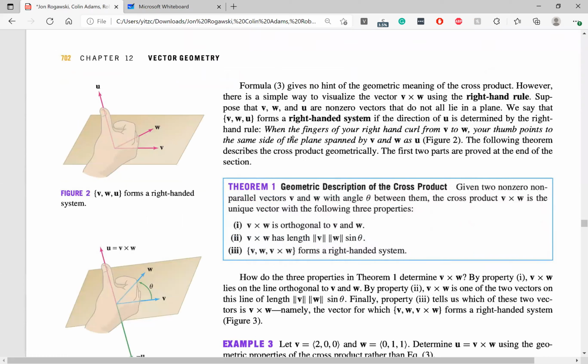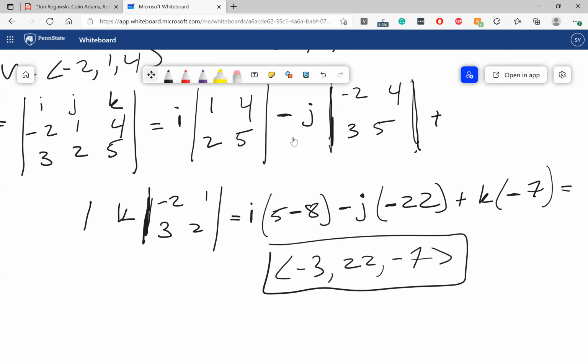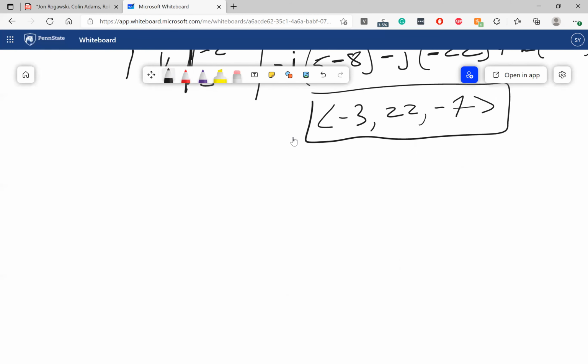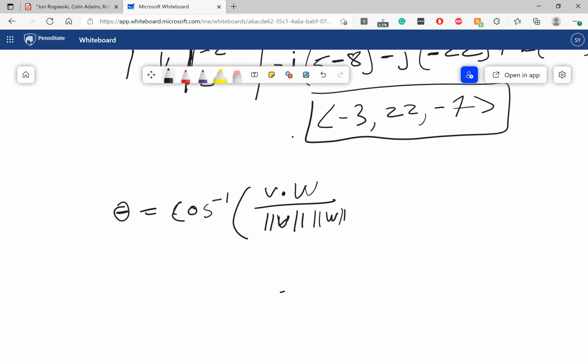Okay, so the same way the dot product had certain geometrical interpretations, one of them is that it's related to the angle. That's its main geometrical interpretation. If you recall, the angle between two vectors is equal to cosine inverse of the dot product of those two vectors divided by their magnitudes.